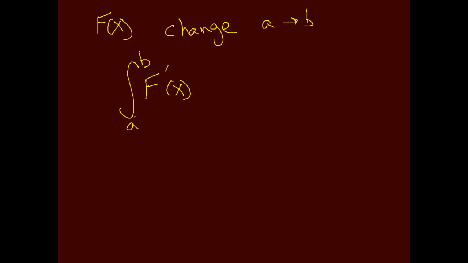And what is the velocity with respect to the position? It's the first derivative. So taking the derivative of a function and then integrating it from a to b gives us a net change.